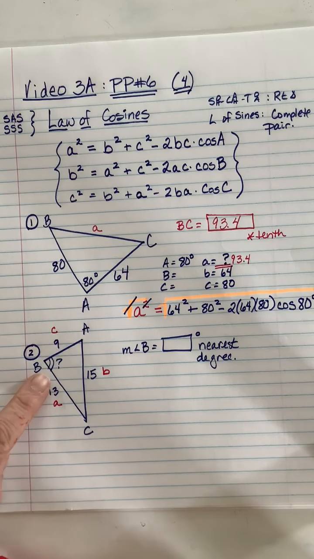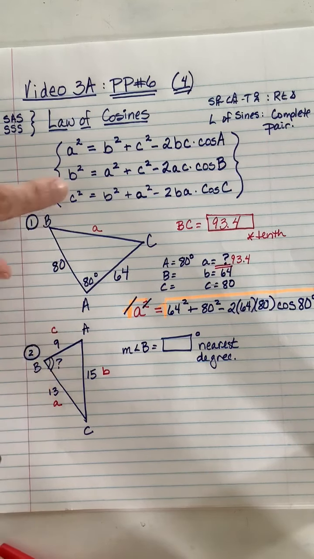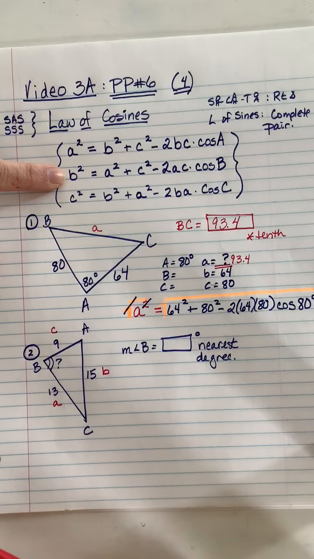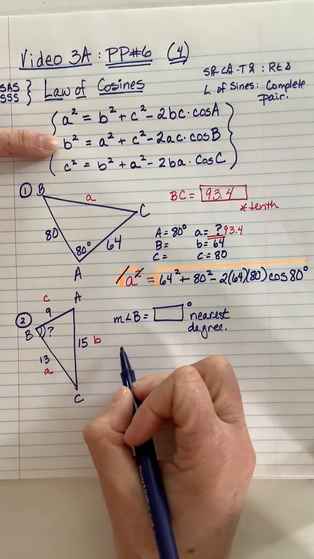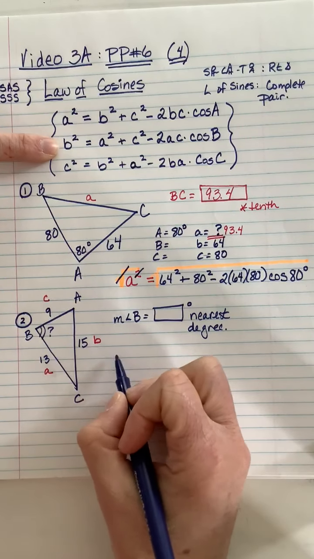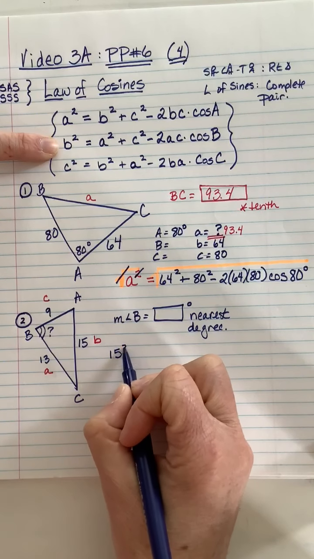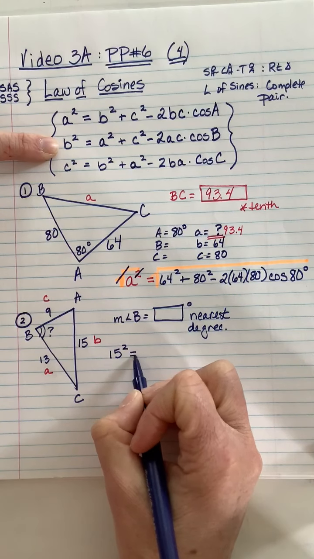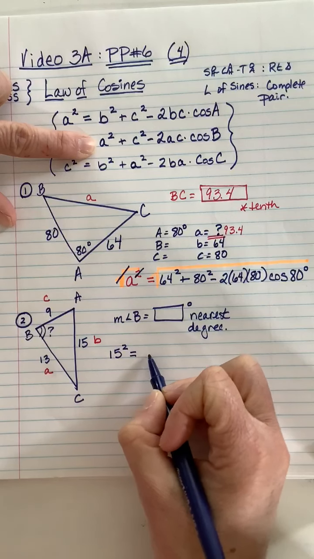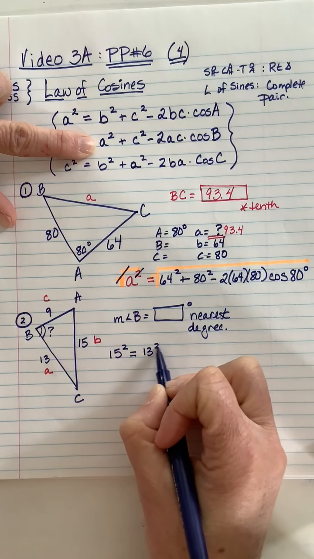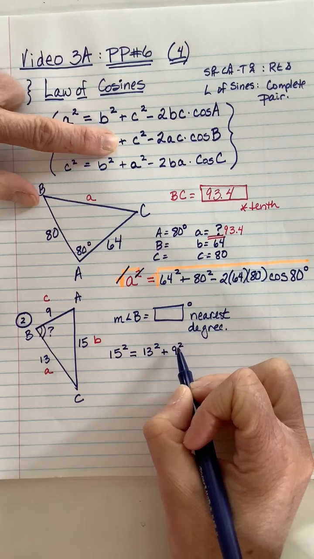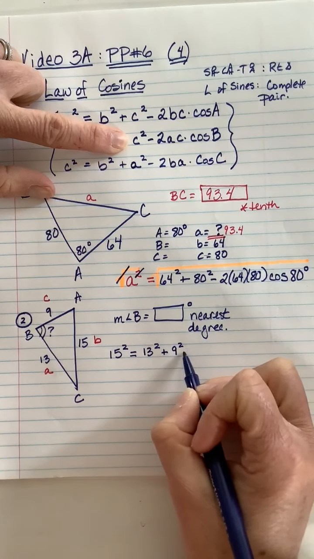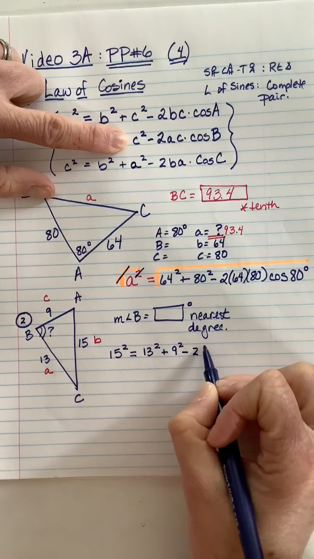Okay, so because I'm missing angle B, I'm going to use this equation right here. So I'm gonna start substituting. I've got little b squared is going to be 15 squared equals, now I've got the other two sides, 13 squared plus 9 squared, I'm just going through my equation, minus 2 times each of those.